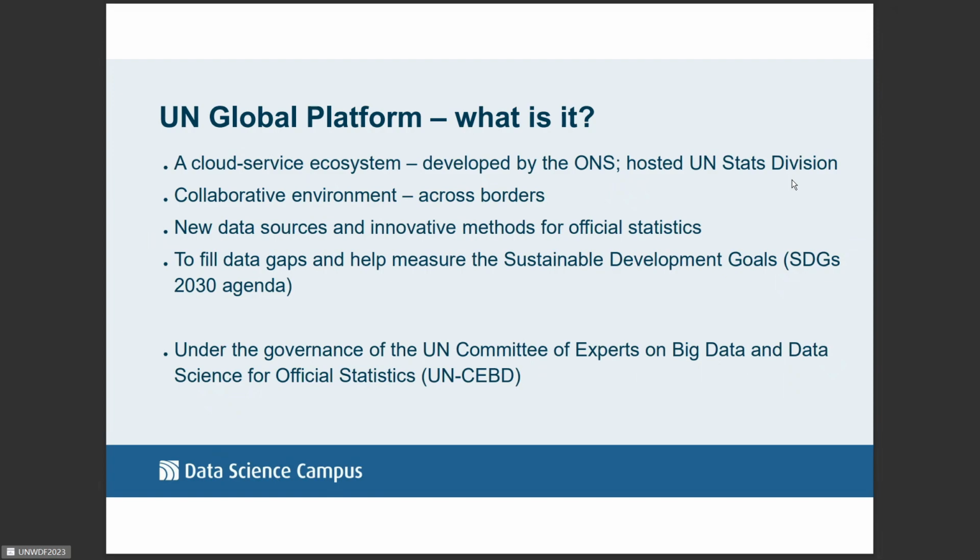So let's start with the UN Global Platform. Everybody's question is, what is it? It's a cloud service ecosystem. It was developed originally by the ONS, but it's now hosted by the UN Statistics Division in New York. It provides a collaborative environment for anybody to access, available to all NSOs across borders.